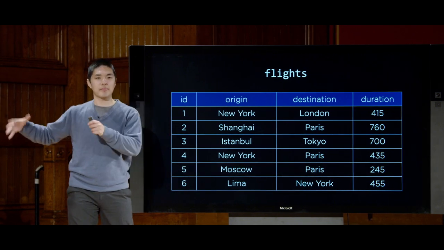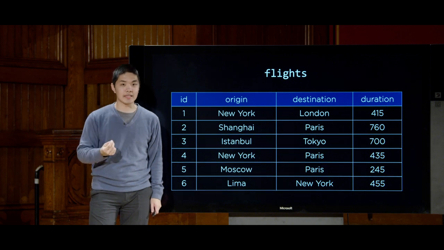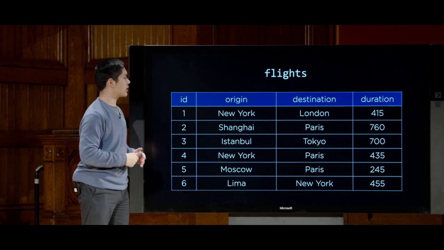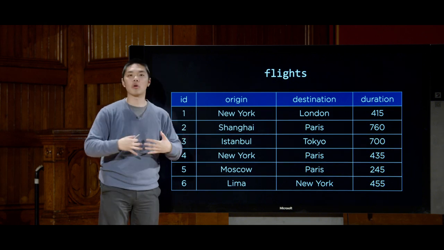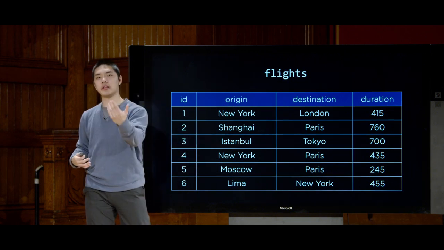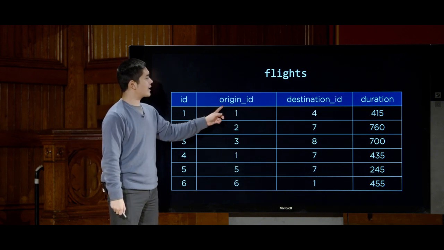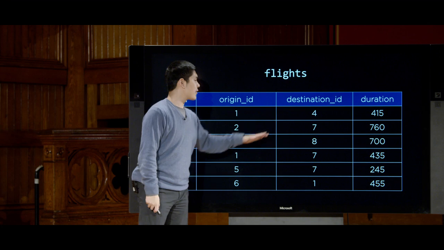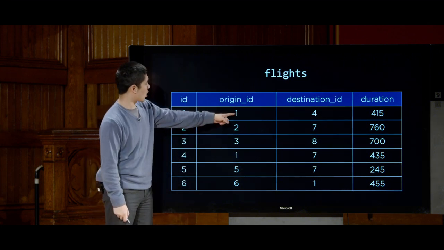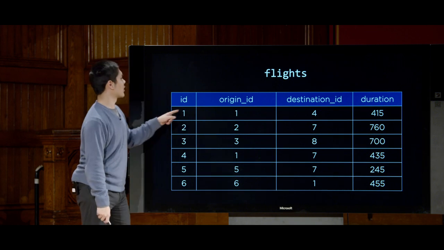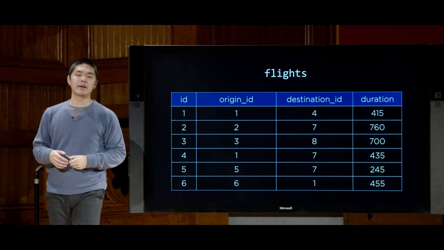Well, now that I have this separate airports table, where every row has its own unique ID, instead of storing an origin and a destination as text, I can store what we'll call a foreign key, a reference to a key in another table, and rename these columns to origin ID and destination ID, that instead of storing text, are going to store a number, where origin ID 1 means the origin of flight 1 is whatever airport number 1 happens to be.